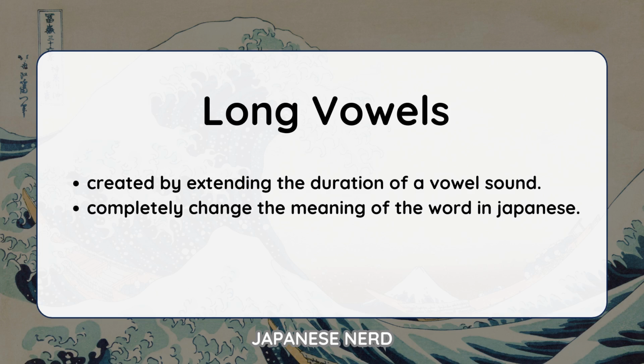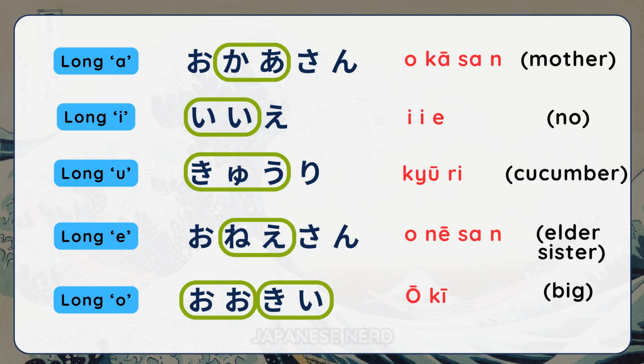Additionally, in Japanese, while reading characters, long vowels are used. Let's take a few examples. First, okaasan. The additional a sound is added after ka to emphasize okaasan. Example 2, iie. A long e vowel is used.